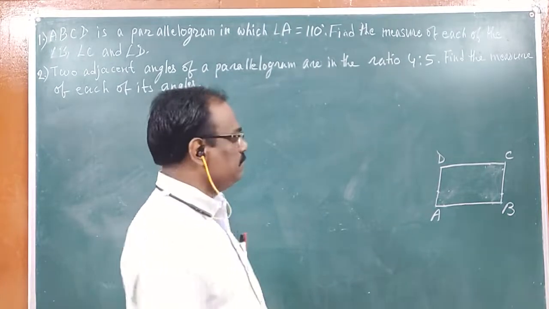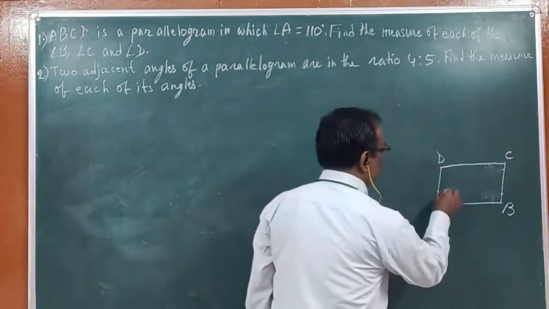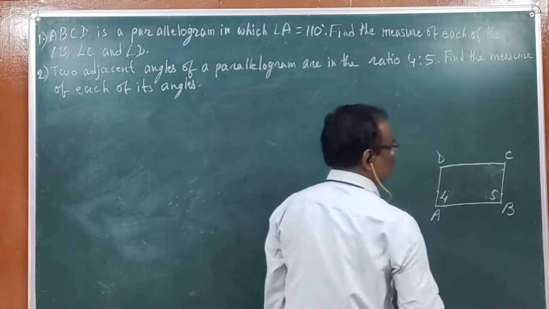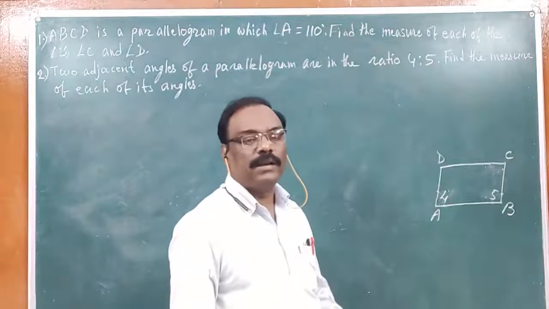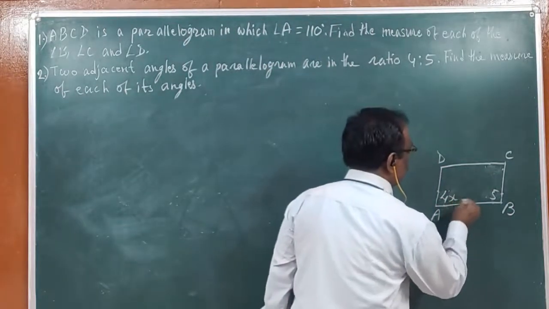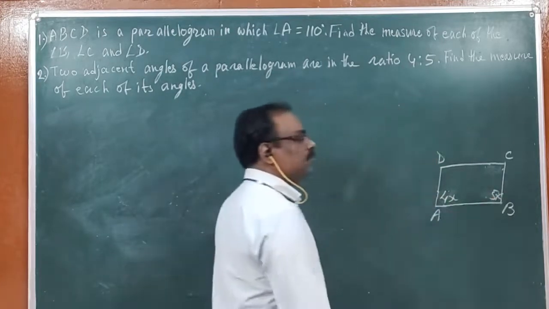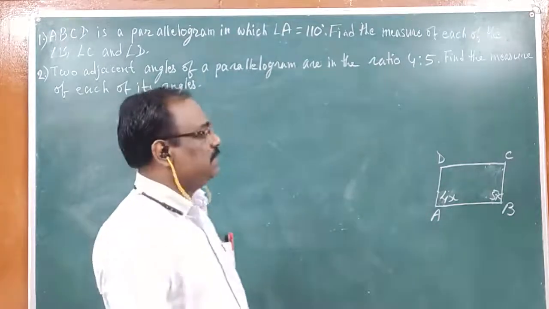So if we take angle A as the first, that is 4, and angle B as 5, the ratio I have taken as 4 and 5. With this ratio, we will add x to this one. So it will become 4x and 5x. Now, how to solve this? Very simple.